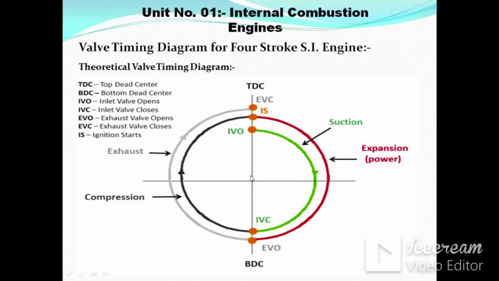This is our complete cycle. After completion of the cycle, it starts again from this point, where the inlet valve opens. All the strokes are completed in exactly 180-degree revolutions as per the theoretical valve timing diagram. But in the actual valve timing diagram, this happens very differently. We can see this.